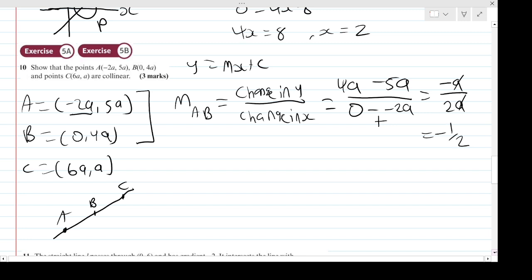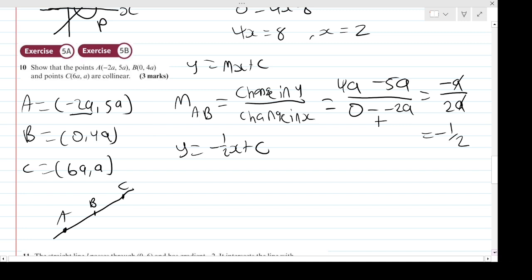So therefore we've got a gradient. That means we can start to complete our line, because then y is minus a half x plus c. Now we need the y-intercept. This is a good question, because in most questions you won't be given the y-intercept directly.